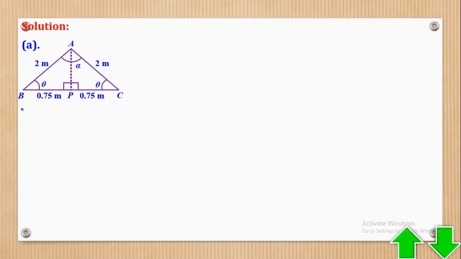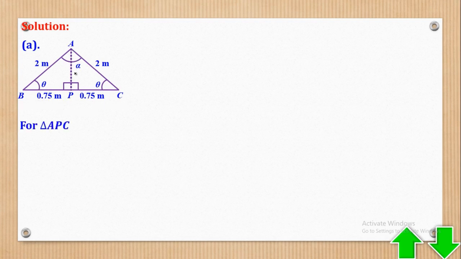In this case, the whole of BC was 1.5, so you divide it by 2 to come up with 0.75 and 0.75 this side. Why? Because these two are equal, meaning that it's an isosceles triangle. Therefore, these two angles are the same. Therefore, I can easily get this AP which is needed.